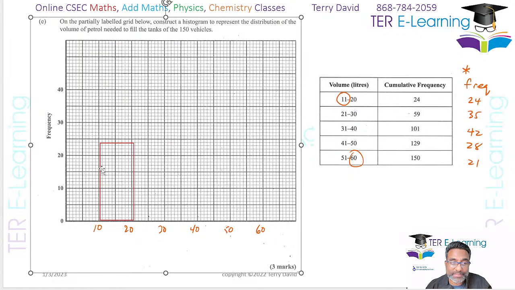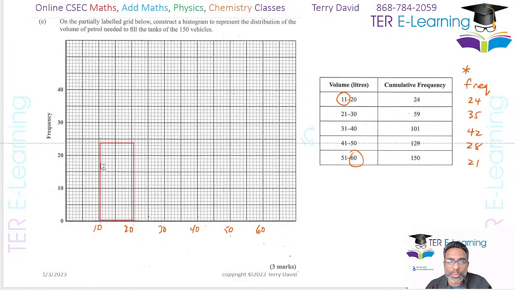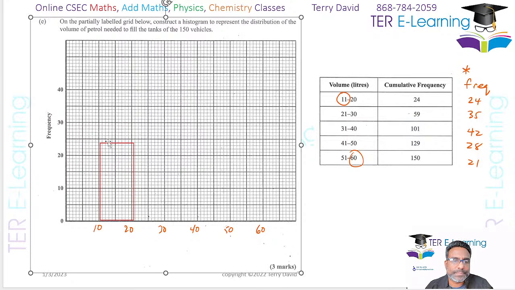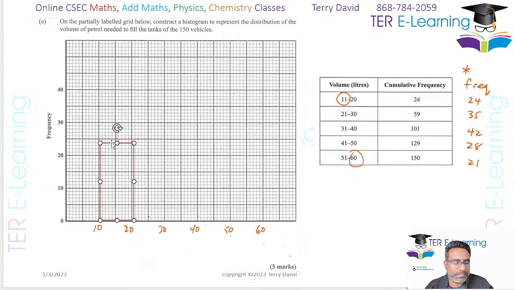Remember, it's a histogram we're drawing, so be careful. The next bar is going up to 35. So this second bar that we're drawing here is going up to 35, so you're coming up here.